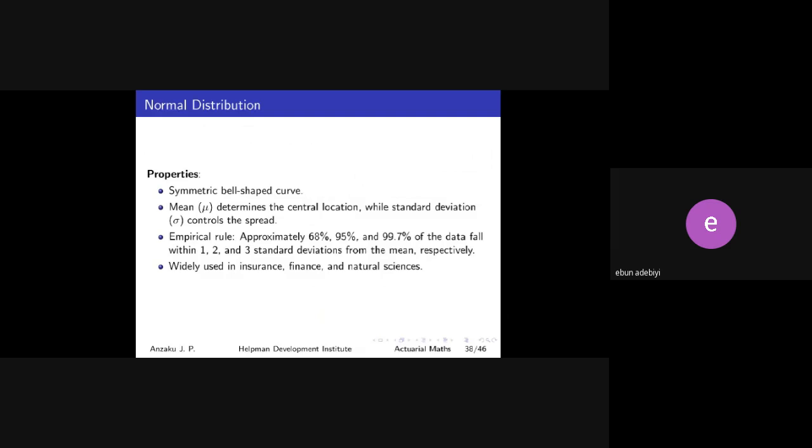Now, in summary, we have looked at the continuous probability distribution, and we say it models events in a range that are continuous, unlike the discrete distribution that measures specific claim amounts.